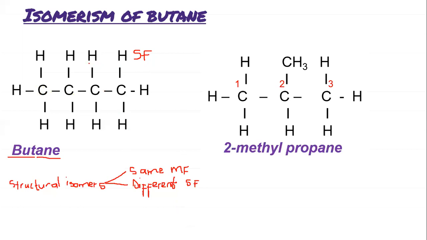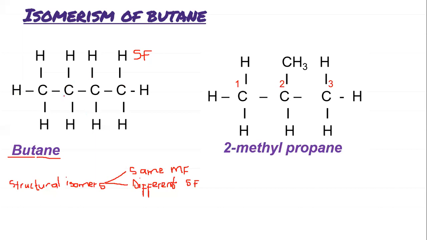But I can ask you again, what is the molecular formula of butane? Remember, what we see here is the structural formula of butane. So what is the molecular formula of butane? Remember, with the molecular formula, all we do is count how many of each atom are present in this molecule.